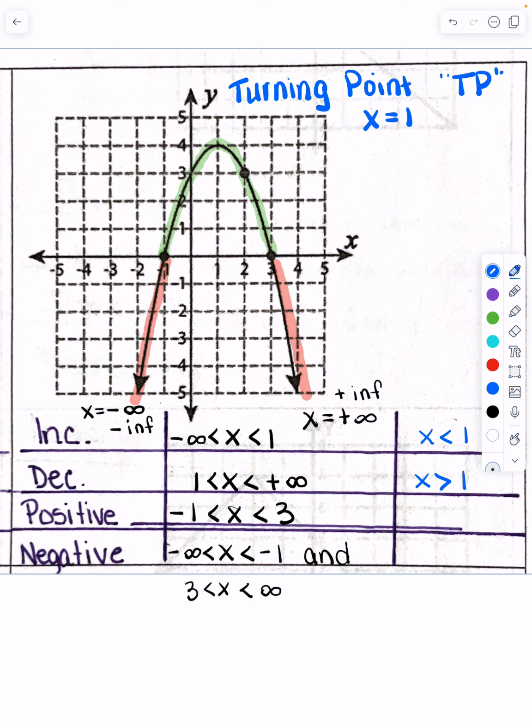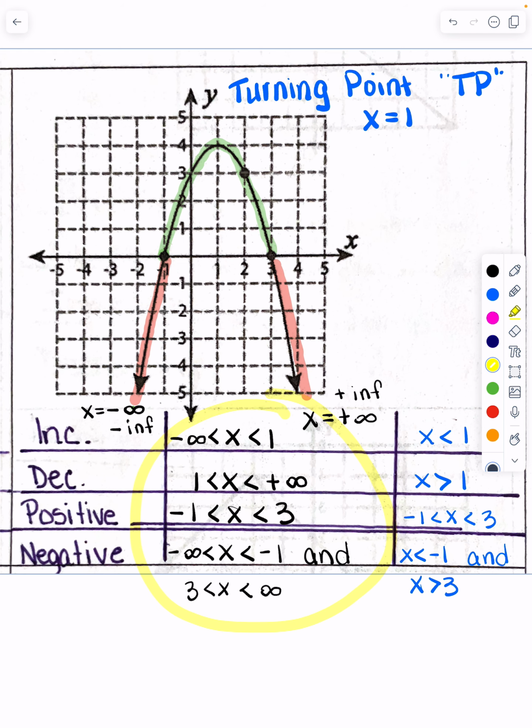So it was positive between -1 and 3, and it was negative when x is less than -1 and when x is greater than 3. Again, in class, I will be focusing on writing it this way. There are connections. If you have questions, ask me and we'll look at those.